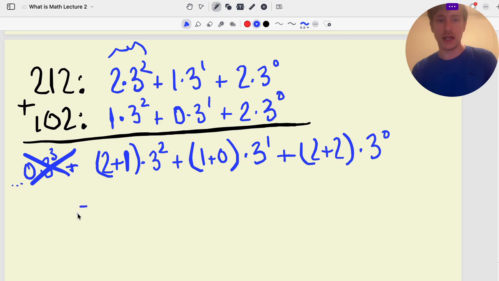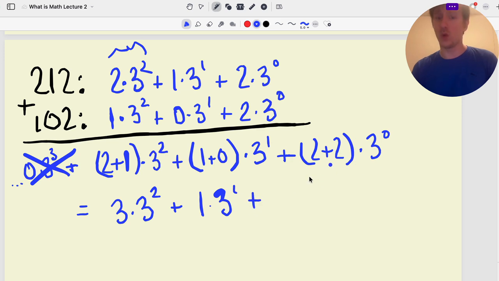So this is going to equal, what is it going to equal? Well, this is going to be 3, which is like that. This is going to be 1, so I'll just write it like that. This is going to be 4, okay? And so I'm going to write 4 in kind of a funny way.